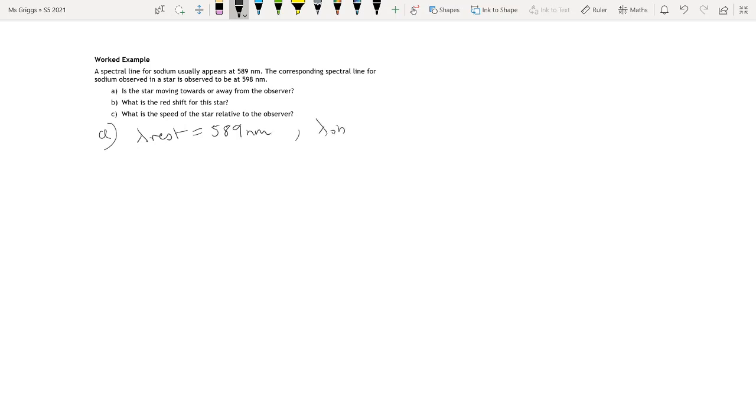The observed wavelength from the thing that's moving is 598 nanometers. So the observed wavelength is bigger than the wavelength at rest. So it's moving away. Okay. B.